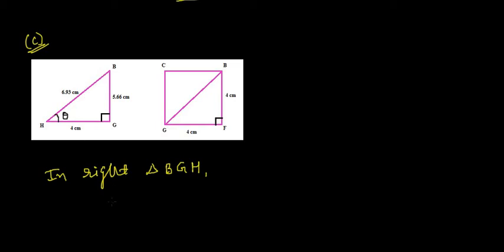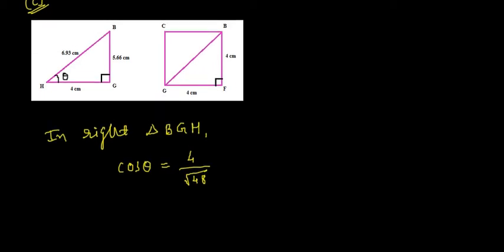So I will use the cosine rule to calculate the angle. So cos theta is the adjacent side, 4, upon the hypotenuse, root of 48. I write root of 48 instead of 6.93, it is the same.